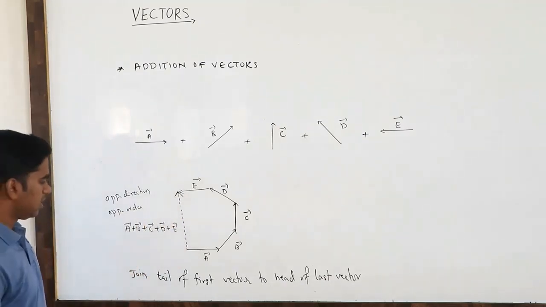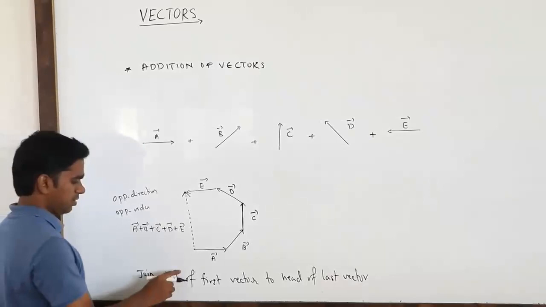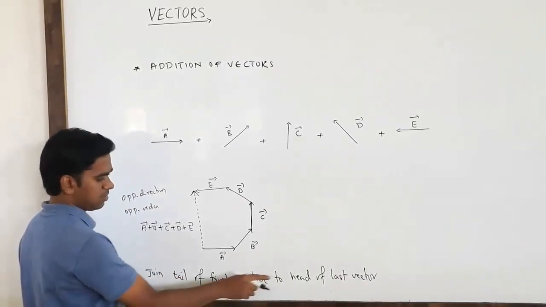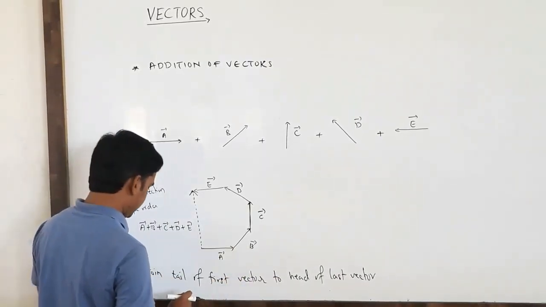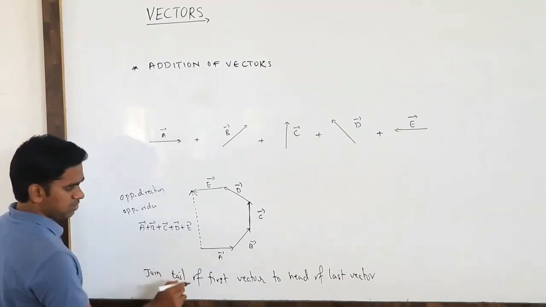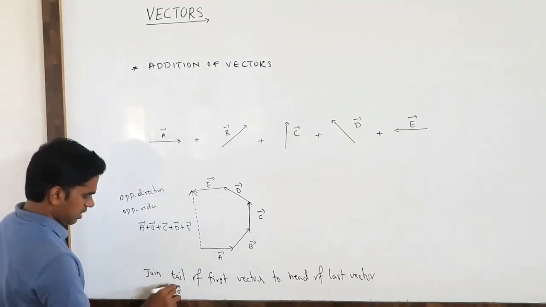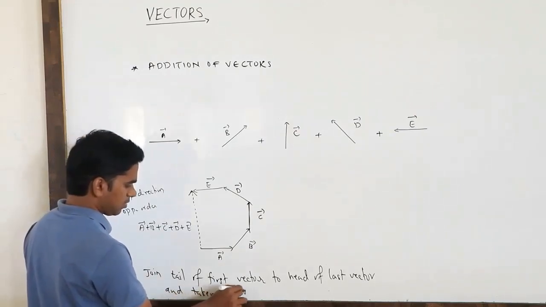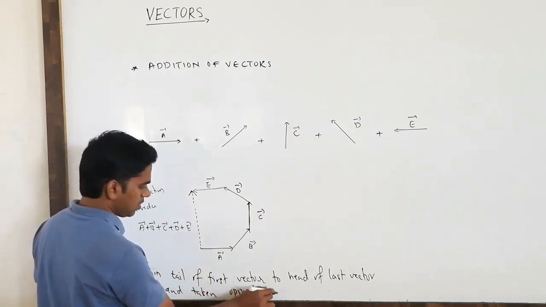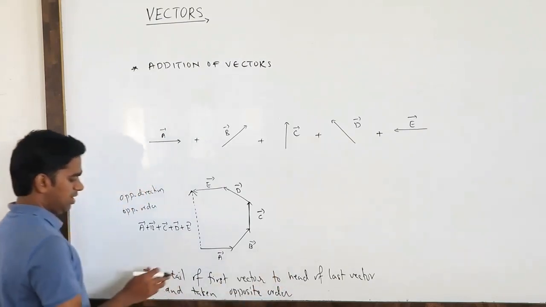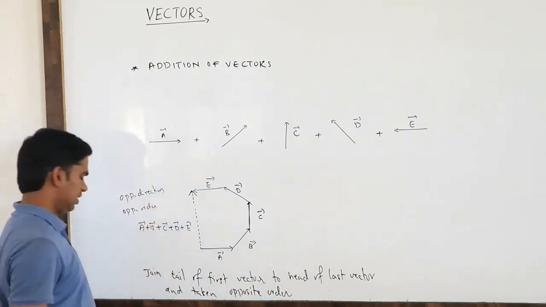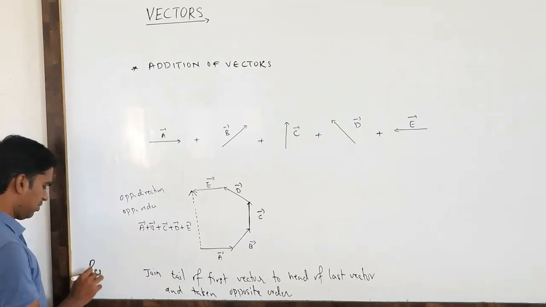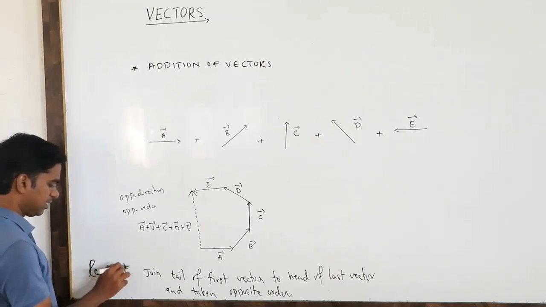So the resultant is the line joining the tail of the first vector to the head of the last vector, taken in the opposite or reverse order. That will give you the resultant.